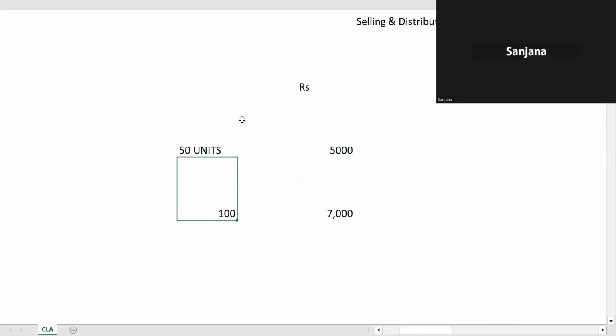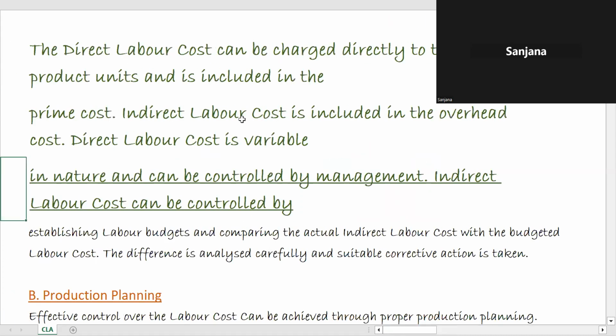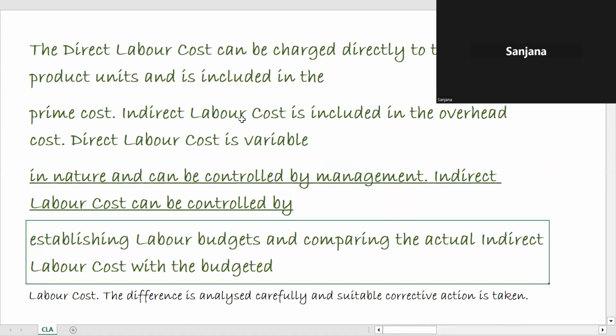We'll also consider what has been done in the previous period. So you will have a budgeted figure. Say 7,500 is the budgeted figure. Then when it is 7,000, you can say, okay, we are under the limit, correct? Which is why for indirect labor, you should always use budgeting.